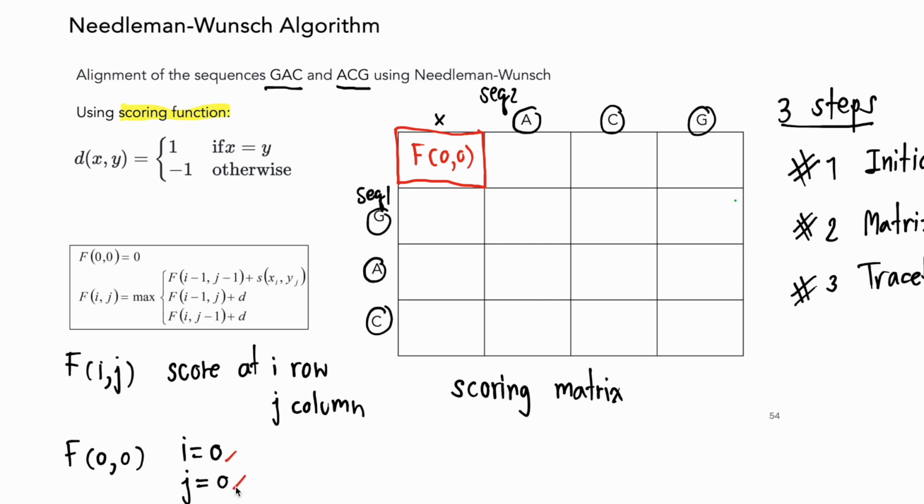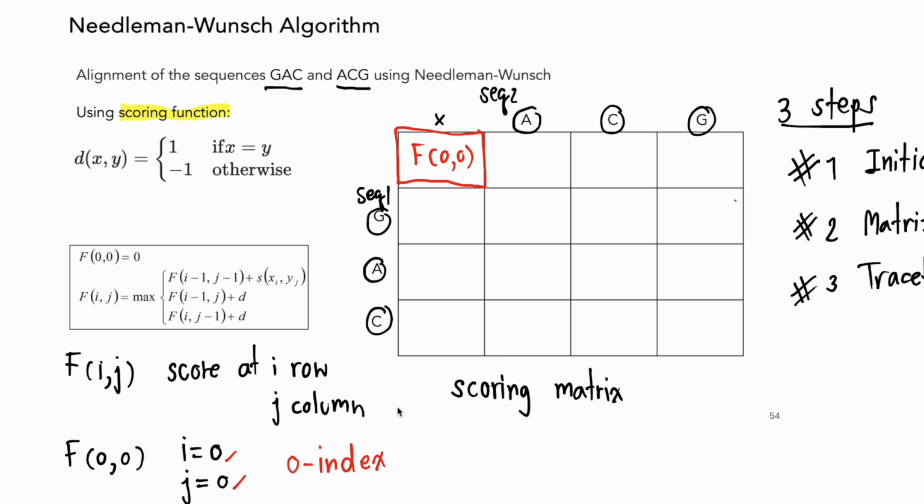In this zero index, the 0 number is the first row or the first column.